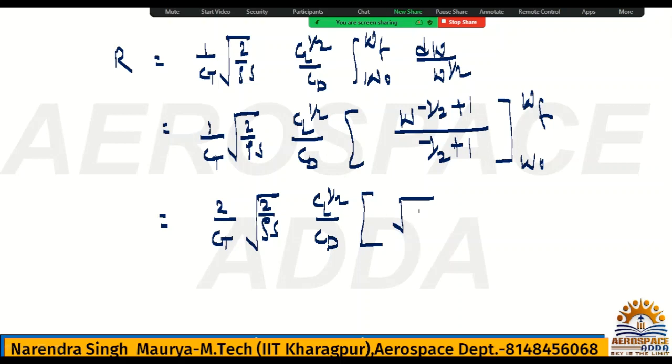So it is nothing but root Wf, because root W will come, right? If you solve it, minus 1 by 2 plus 1, it will be W to the power 1 by 2. So this is the range.